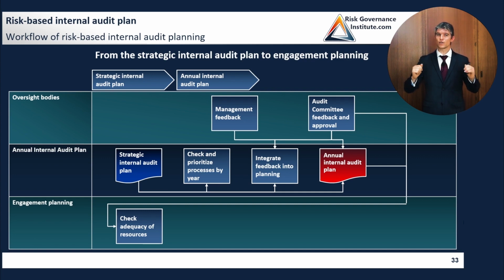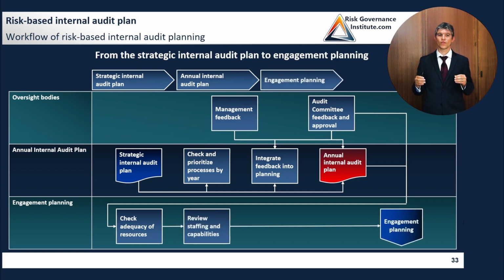then, dear administrative reporting line, since the audit committee has said that I need these resources, I will need to check my resources and make sure that they are complete. And otherwise, in theory, the administrative reporting line should aid you in being able to hire sufficient resources. So you check the adequacy of your resources, you review your staffing and capabilities.